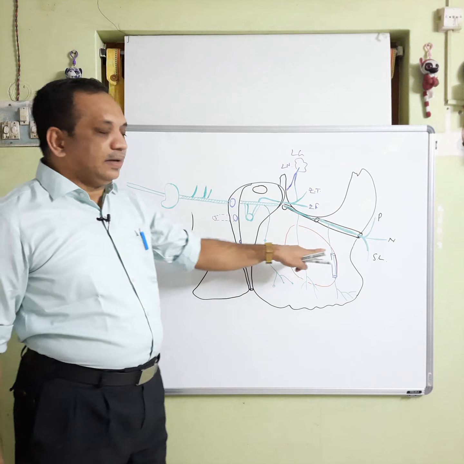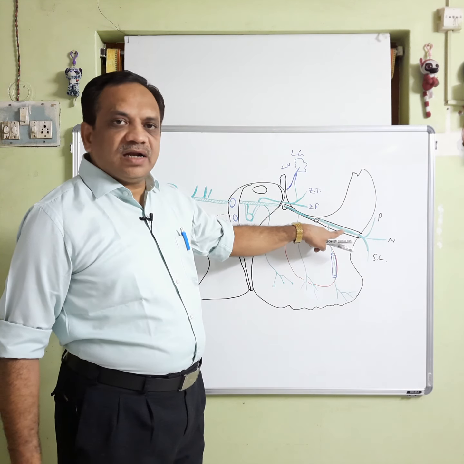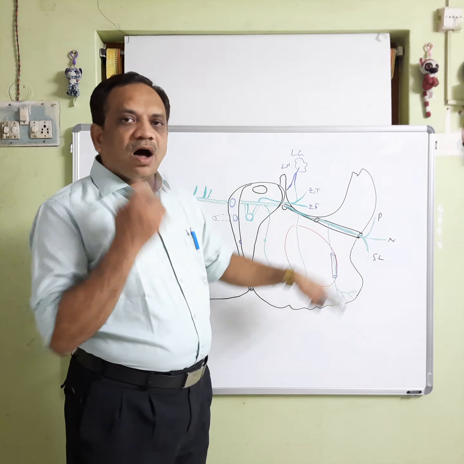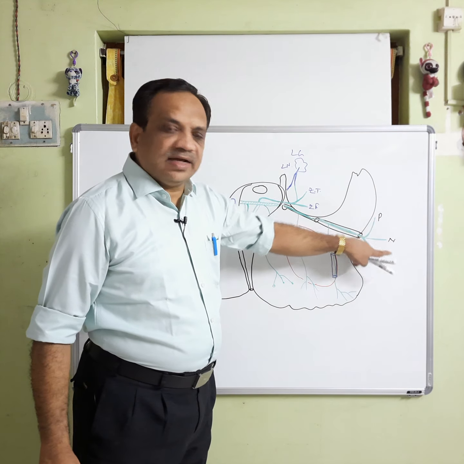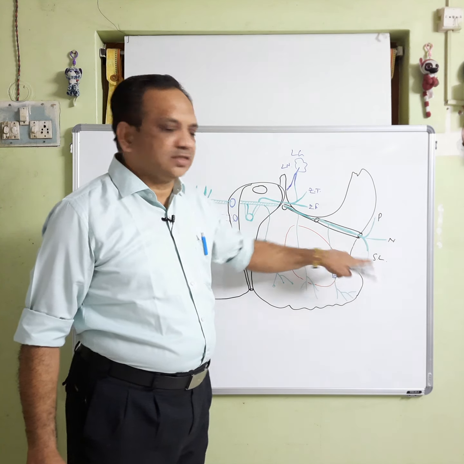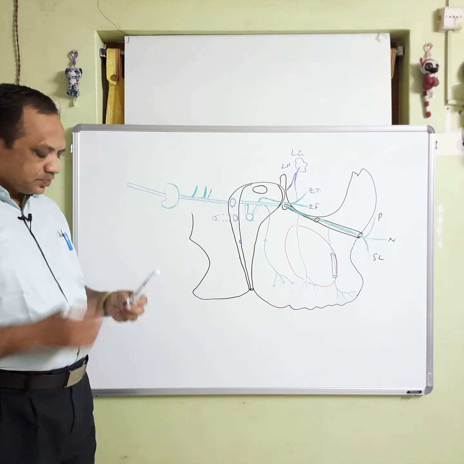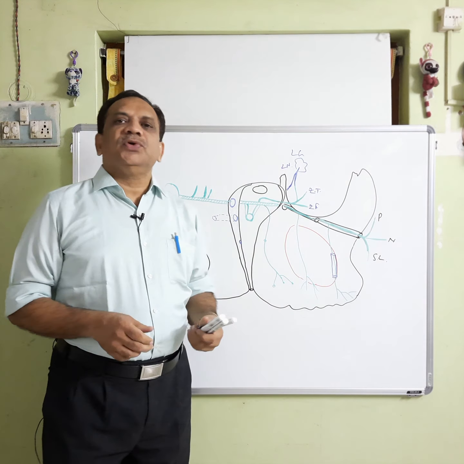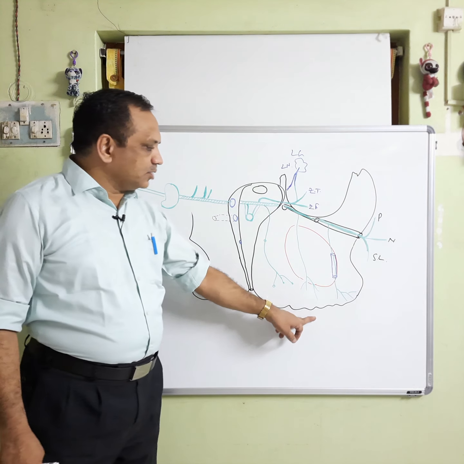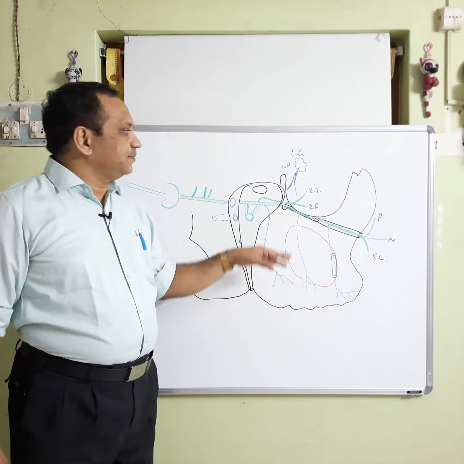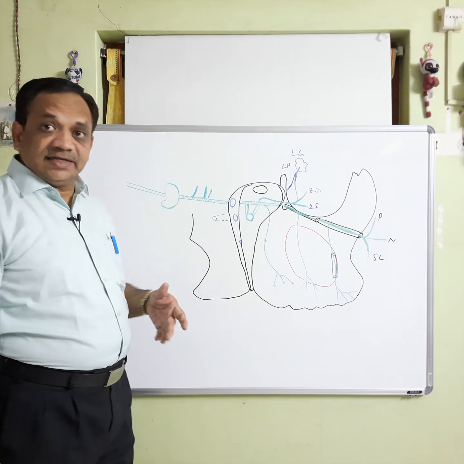So, these are the main branches, and from here it is called the infraorbital nerve, and it emerges out onto the face, dividing into palpebral branch, nasal branch and superior labial branch. This is the pathway of the main maxillary nerve. The maxillary nerve is a pure sensory nerve and is sensory to the soft palate, hard palate, nasal cavity, orbit, lacrimal gland and pharynx.